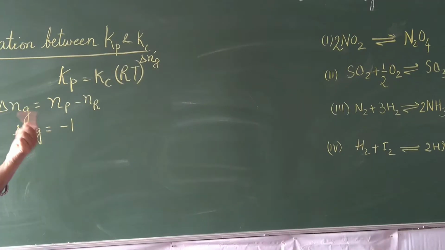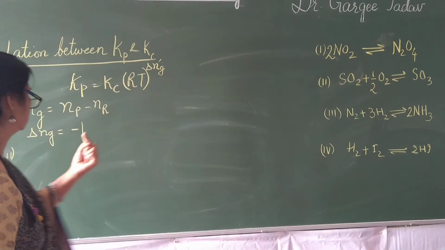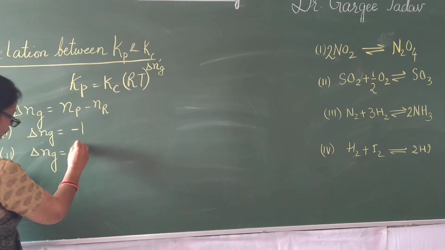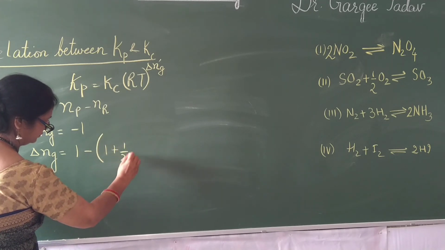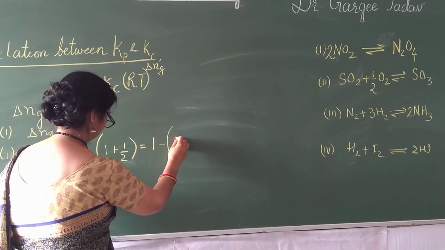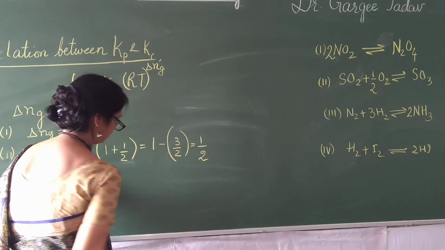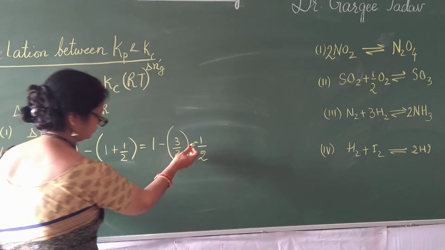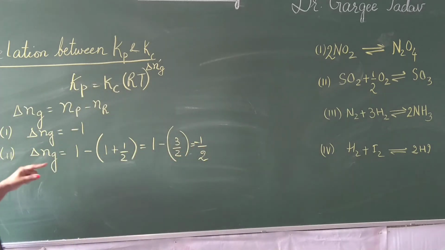Now let's take the second case. Delta Ng will be equal to 1 minus 3 by 2, which comes out to be minus half.